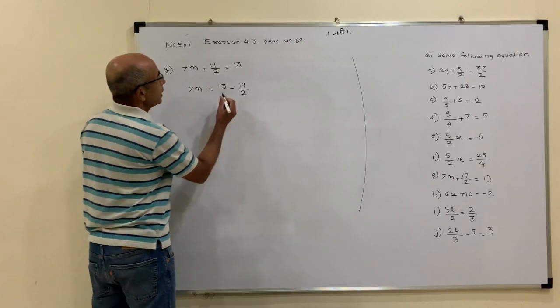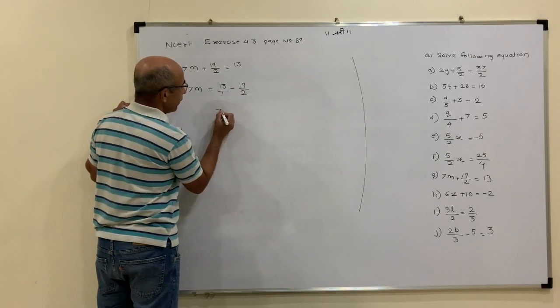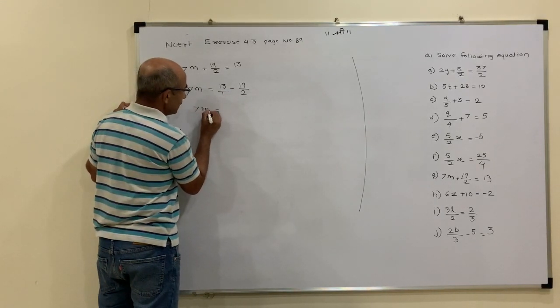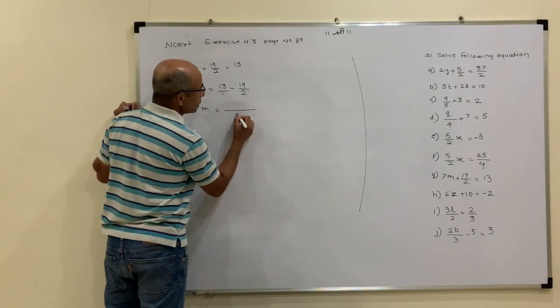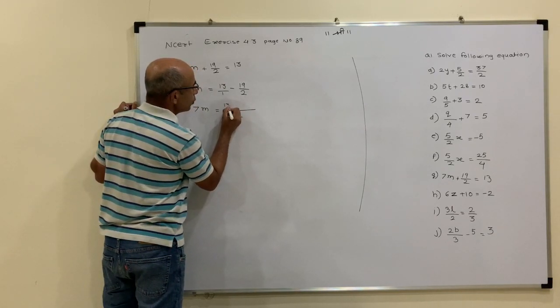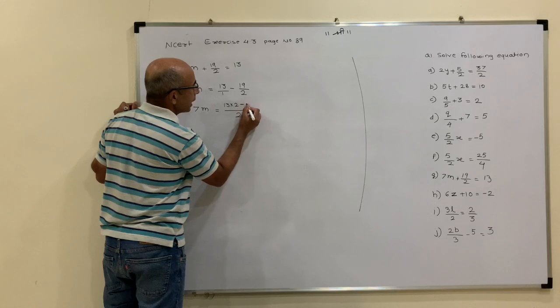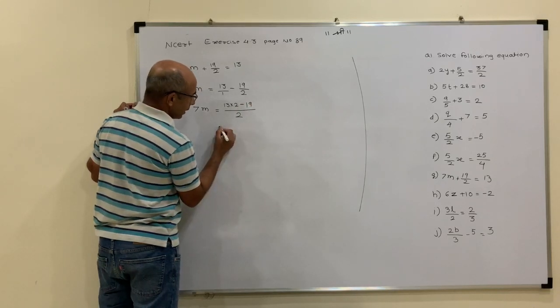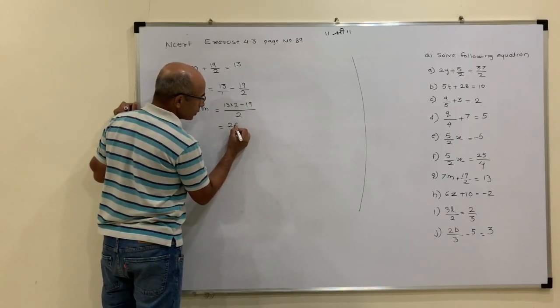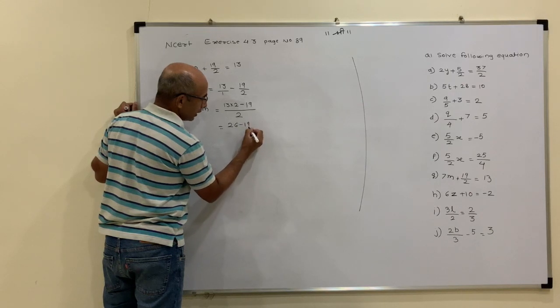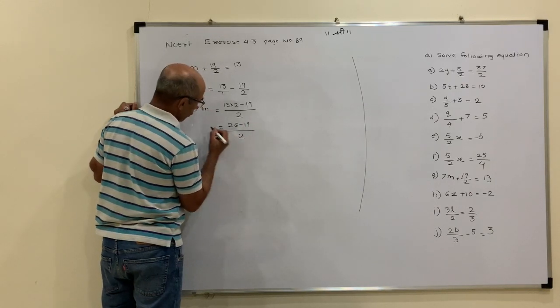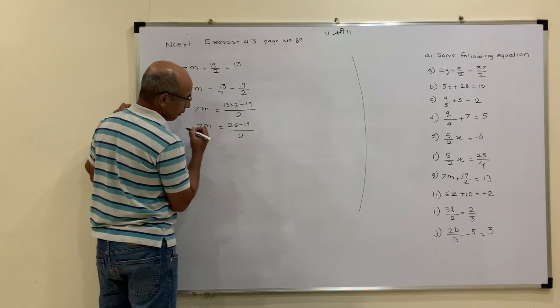So now here I divided by 1. So my next step will be 7m. My LCM is 2. 13 2s are 26 minus 19 divided by 2.